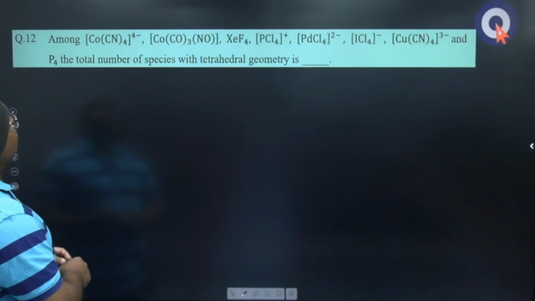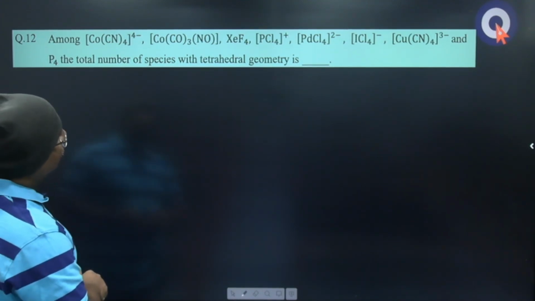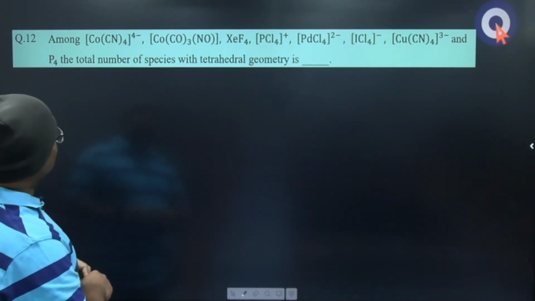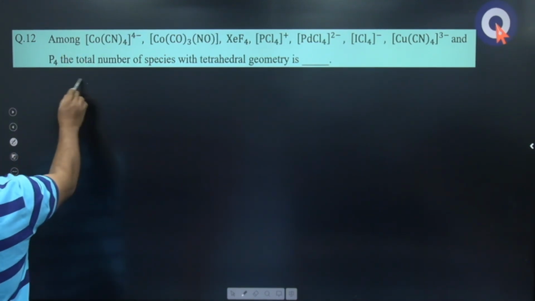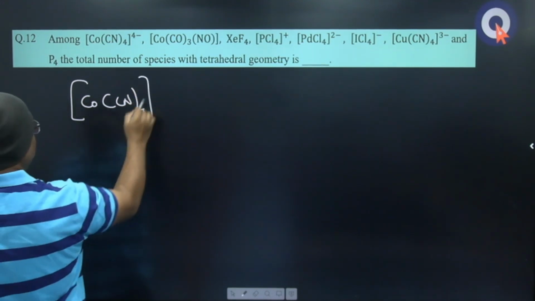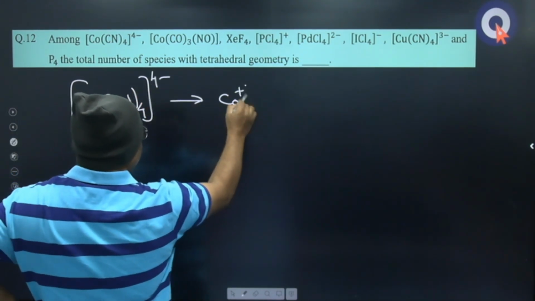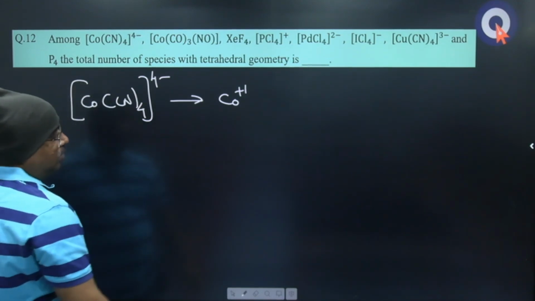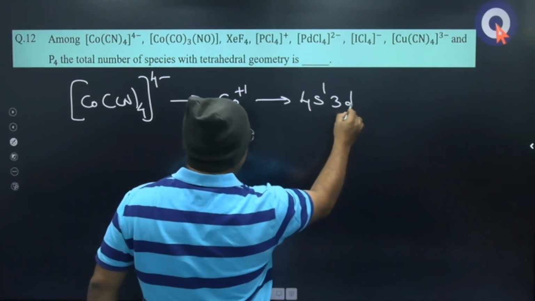Next. So Co(CN)4 4-. Which among these complexes have totally tetrahedral geometry? This Co(CN)4 4-: cobalt is in +1 state. That means it will have 4s1, 3d7 configuration.